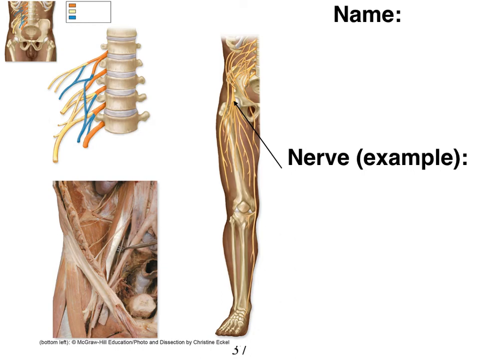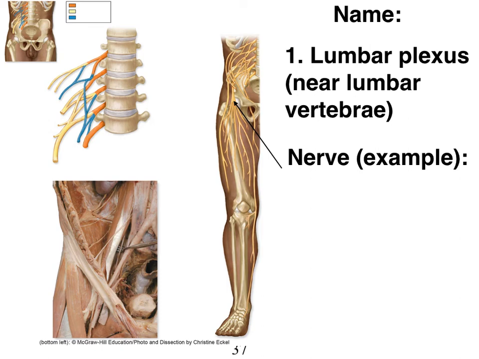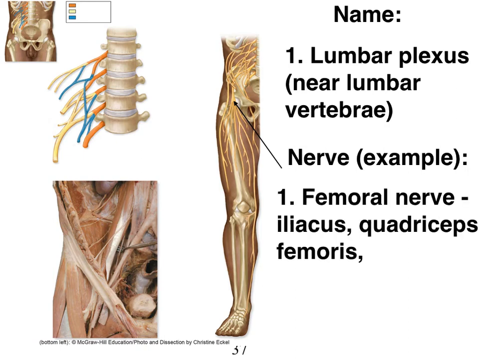Let's look at our third plexus. The third plexus comes out of the area near the lumbar region, and so this is called the lumbar plexus, near the lumbar vertebra. One important nerve known to come out of the lumbar plexus is called the femoral nerve.